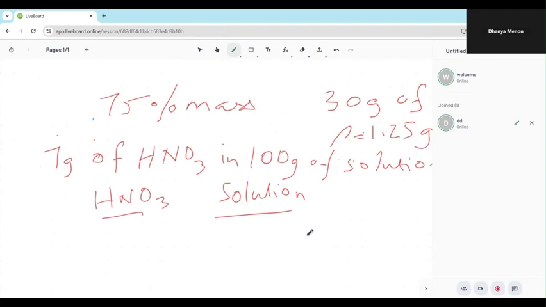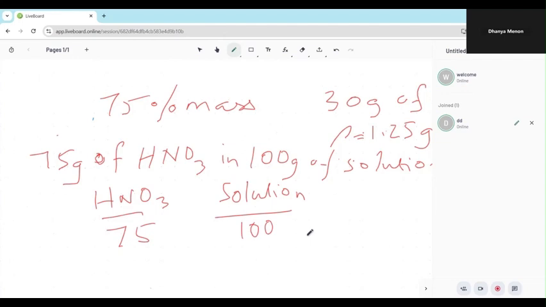Sorry, it's not 7 grams, it is 75 grams. That's the question, right? 75%. So 75 grams is there in 100 grams of the solution, right?